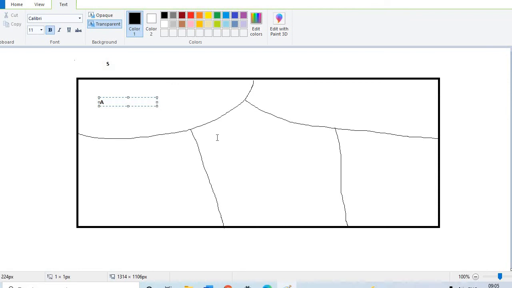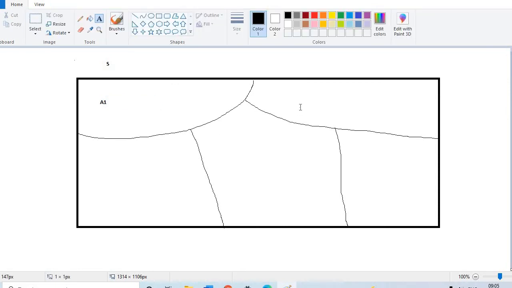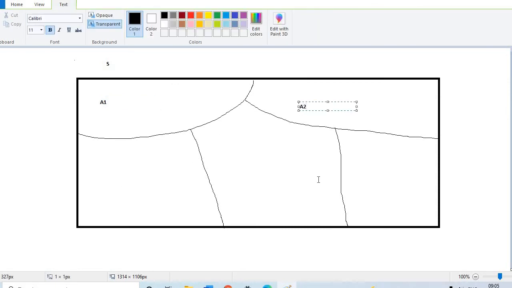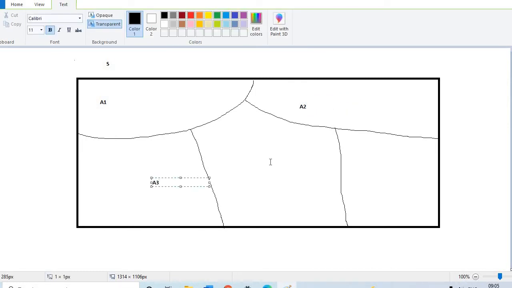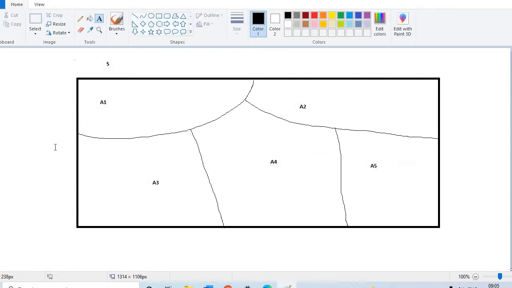This is A1, this is A2, this is A3, this is A4, this is A5. It is divided into five subsets. So if you look, there is no common element between A1 and A2.